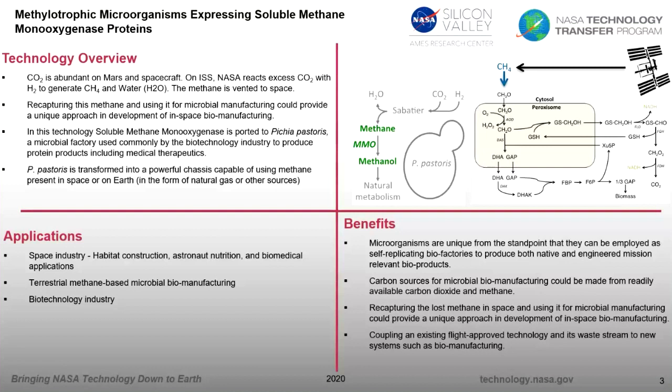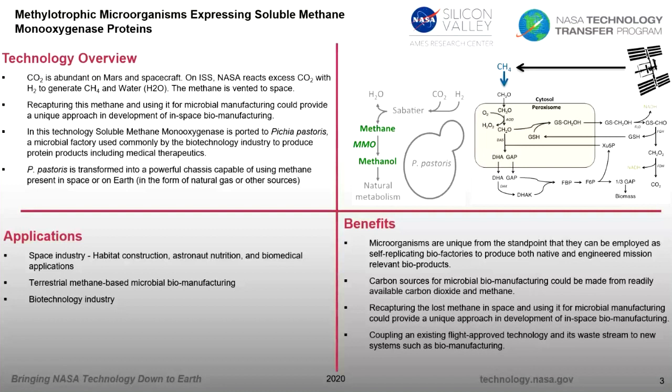So our motivation for this invention was to find a way to modify the widely used biotechnology platform Pichia pastoris, which is a methylotrophic yeast, meaning it can naturally use methanol as a carbon source, so that it could now use methane. And looking at that left image, our invention is summarized neatly.